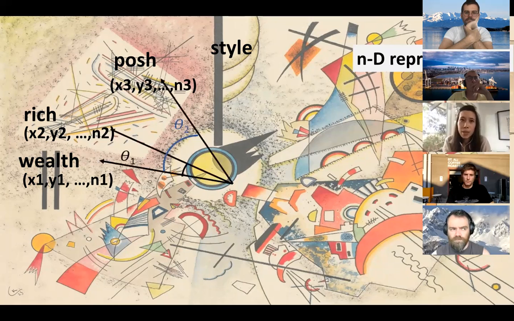N dimensions is obviously a little bit more difficult to visualize and conceptualize, but what's really nice about this approach is that we can still use our cosine similarity and calculate angles between vectors of words in any dimension of space in a very similar way.